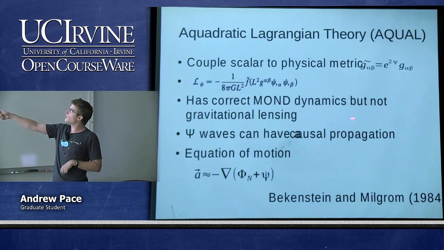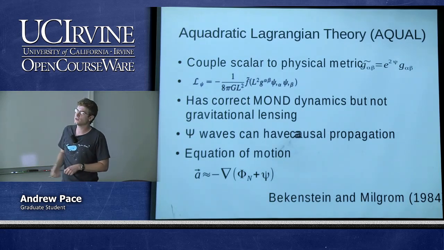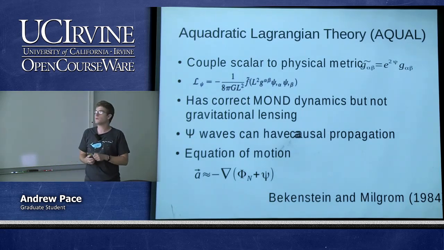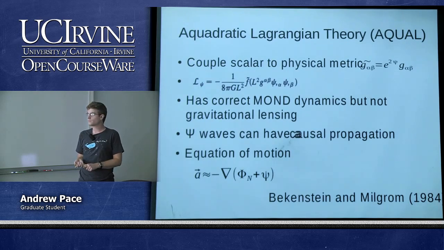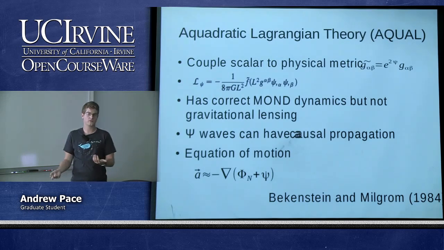So this can get your MOND dynamics, but it doesn't get you gravitational lensing. Someone's giving a presentation on that, but I think you get an extra factor of 2 as opposed to Newton's theory, and also you will need dark matter or some extra matter.